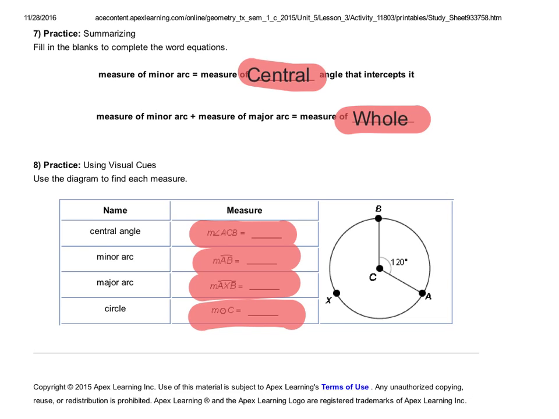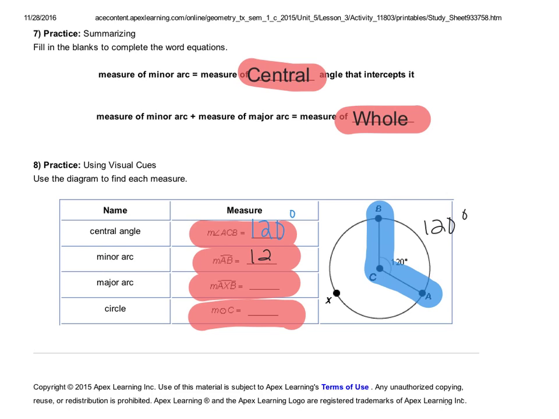Now the central angle, which is here, angle BCA or ACB, it tells you right there that it's 120 degrees. So the measure of that angle, we would write it here, 120 degrees. And the measure of the minor arc, remember at the top, the minor arc is equal to the central angle. So that means that my arc here is 120 degrees.